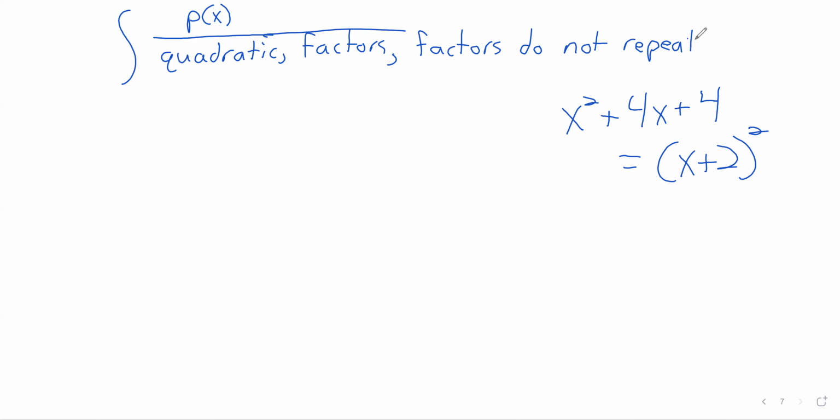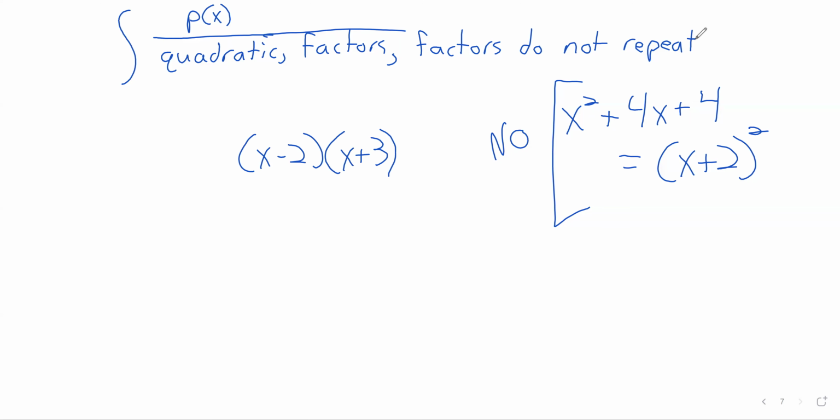And when I say the factors do not repeat, I'm kicking that case out. I'm looking at cases where we have, you know, x minus 2 times x plus 3, or whatever.